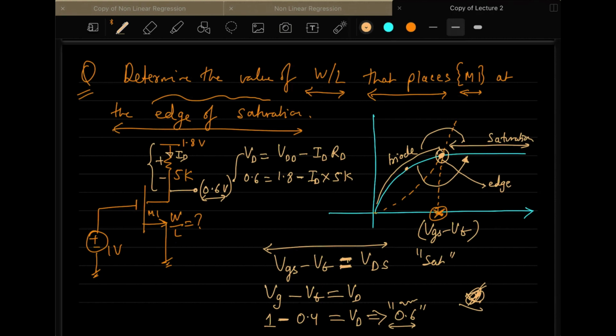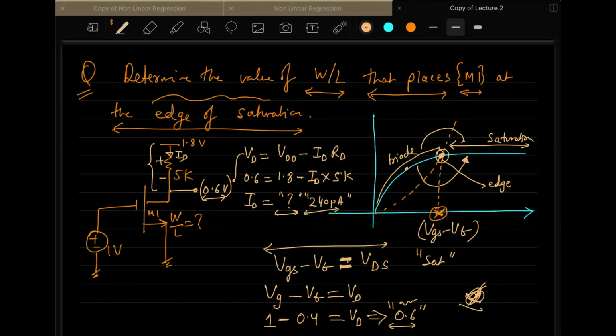So once you put in the values and calculate, your ID will come out to be some value. I don't know the value, but just a second, I'll check it out. Yeah, it comes out to be something like 240 microamperes.